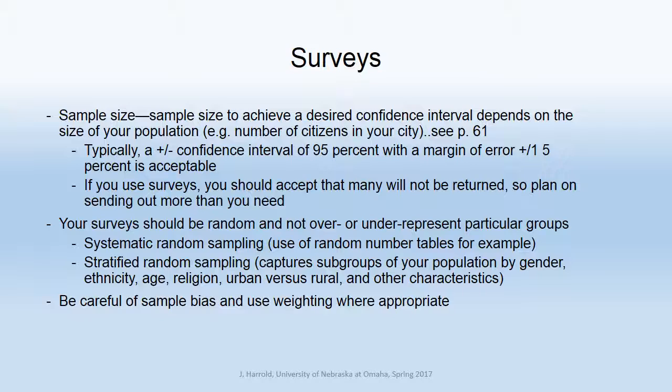Your surveys should be random and they shouldn't overrepresent or underrepresent particular groups. And that's kind of up to you what you name as a group. You could be talking about gender, ethnicity, age, religion, urban versus rural, other characteristics. And so you have to be really careful about sample bias.